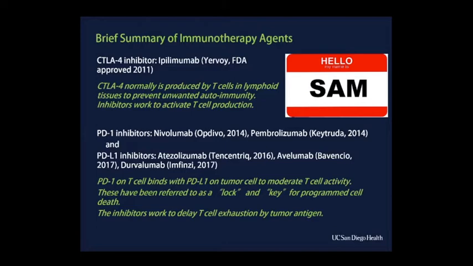I only put one slide in here because I did not want to delve too deep into this, but just hit the importance that you need to distinguish the mechanisms that activate or delay the death of T cells, particularly for those of you seeking SAM credit. Immunotherapy benefits and side effects are going to be different from what we see from cytotoxic chemotherapy, which targets the rapidly dividing cells.